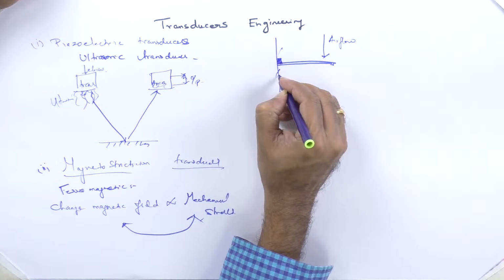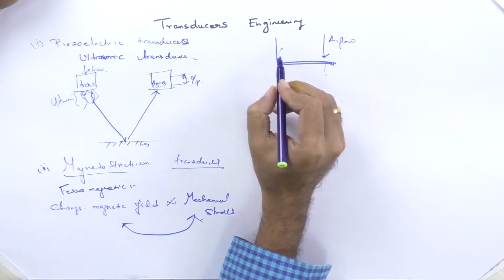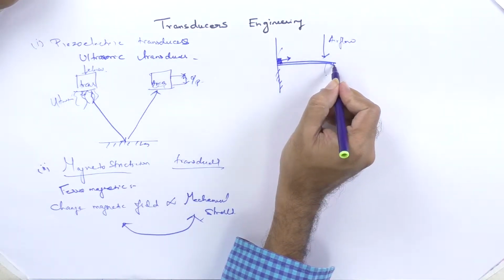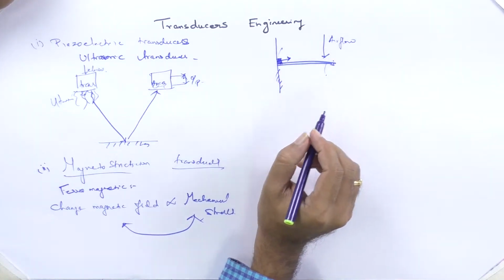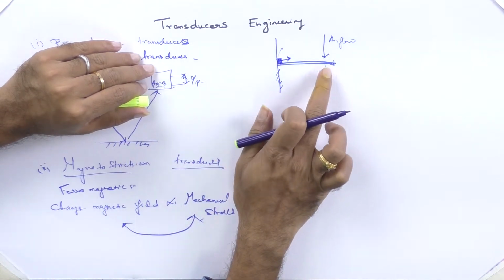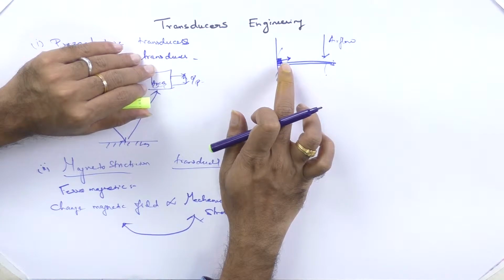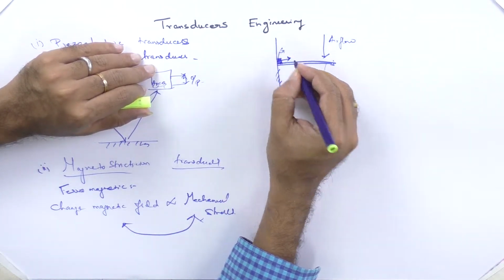When it is taken away, the magnetic property will change, and when it is coming nearby, the magnetic property will reduce. So depending upon the increase or decrease in the magnetic property, because the mechanical stress of this cantilever beam directly affects the magnetic property present here in the transduction.